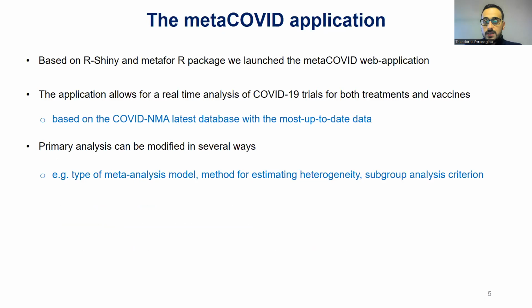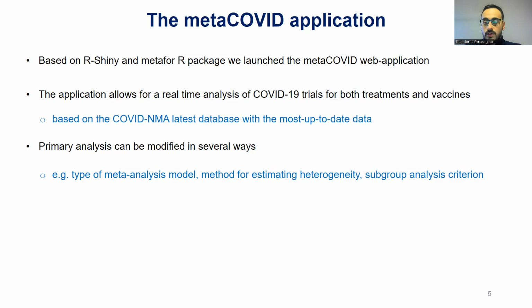To accommodate these special needs, we launched and made freely available the metaCOVID application. That is an R-Shiny application for which the calculations are mostly based on the meta4R package. This application allows for a real-time analysis of the Covid-19 trials for both treatments and vaccines based on the Covid-NMA database. Through the application, the users can modify the analysis in several different ways.